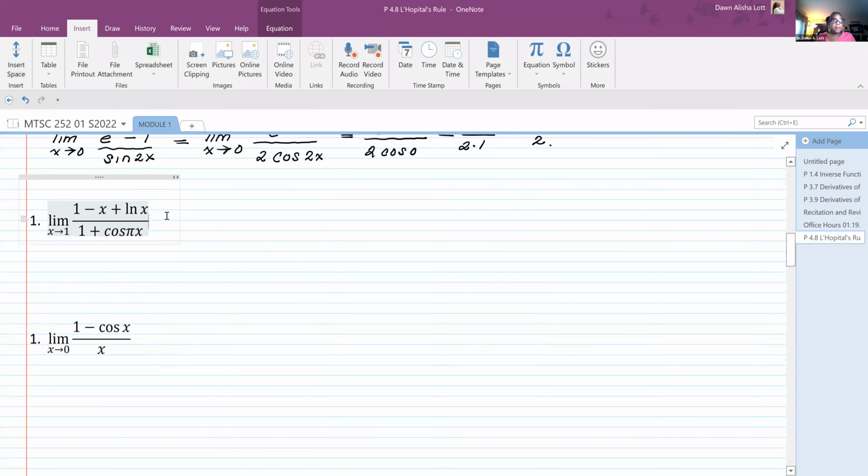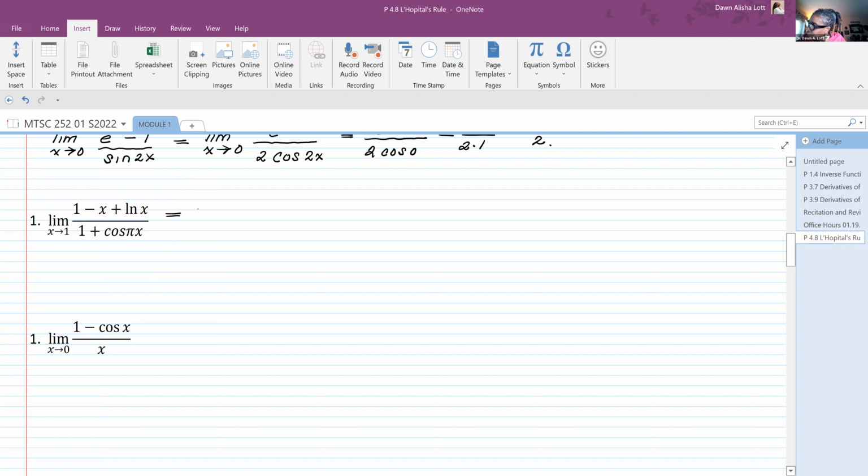Okay, so this next one, the limit as x approaches 1 of 1 minus x plus the natural log of x over 1 plus the cosine of pi times x. All right, so again, I need to see you evaluate this thing.